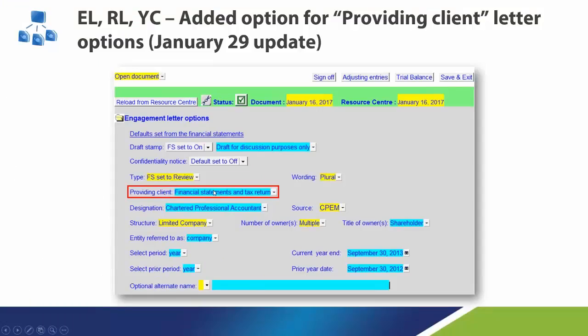You can also go, and because it's a blue cell, you have the ability to type in your own wording. So if you're not providing them with either of the two, you can just type in your own description in there, and it will update the relevant sections.